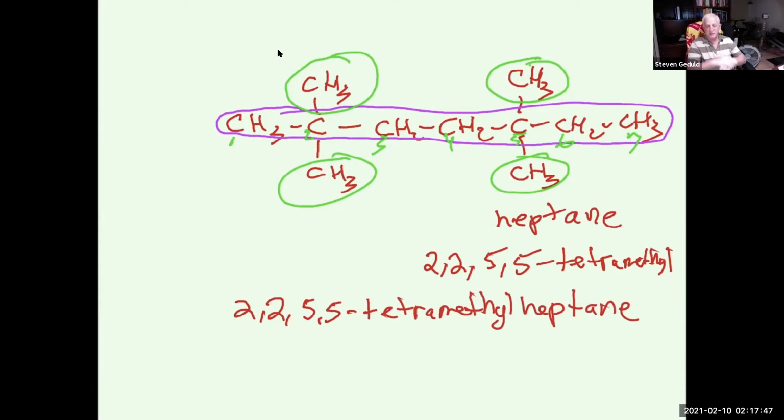Does that make sense? Let's make sure everybody understands where we're at. You have to tell someone where everything's attached, how many there are, the type of attachment, the longest carbon chain, and if it's all single or double or triple bonds.